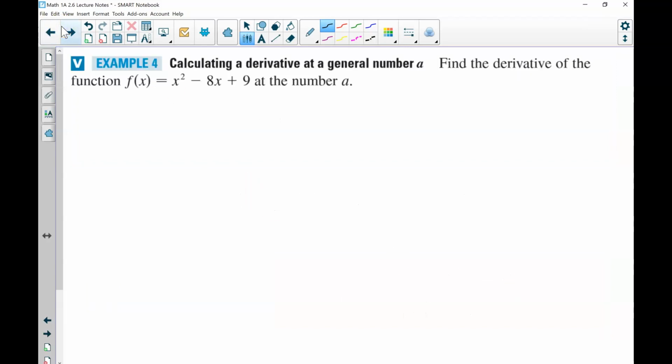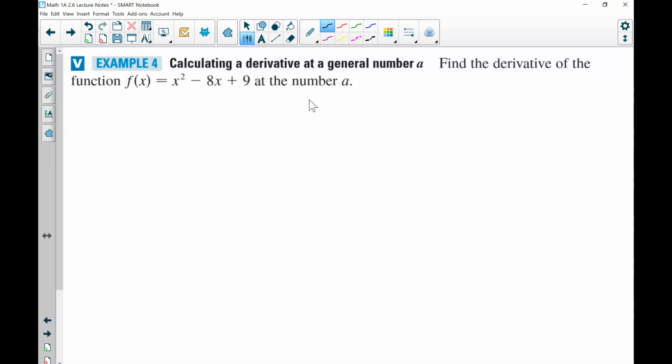Okay, now for example number 4, we want to be able to calculate at a general number a. We want to find the derivative of the function f of x, which is equal to x squared minus 8x plus 9, at the number a. So the way to approach this is the following.